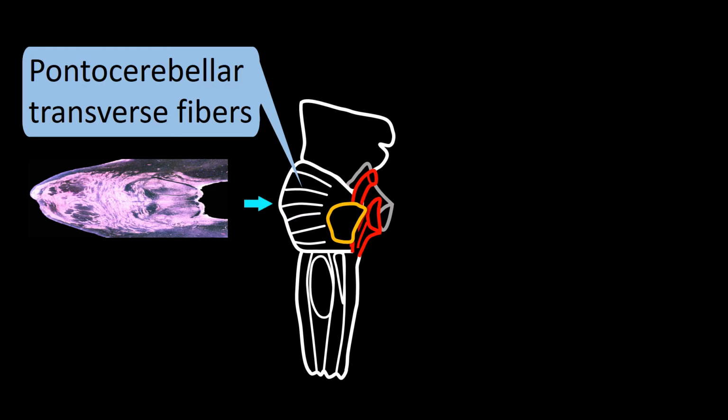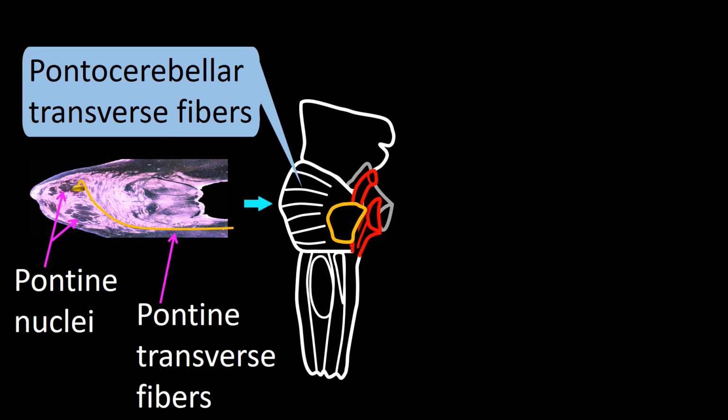A cut at this level reveals the pontine nuclei, which I mentioned when talking about the middle cerebral peduncle. The pontine transverse fibers originate mostly from the contralateral pontine nuclei, which receive ipsilateral cerebral fibers, not only from the motor and sensory areas, but also from prefrontal regions and from the cingulate gyrus.